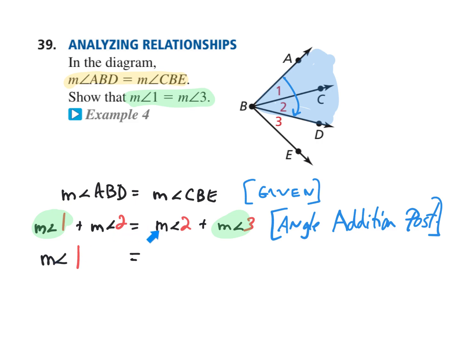And when we subtract the measure of angle 2 from the right, we're left with the measure of angle 3. We use the subtraction property of equality.